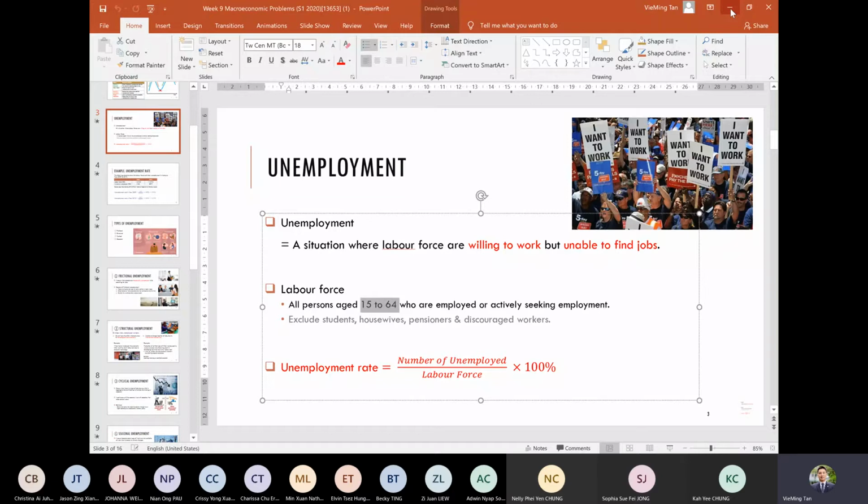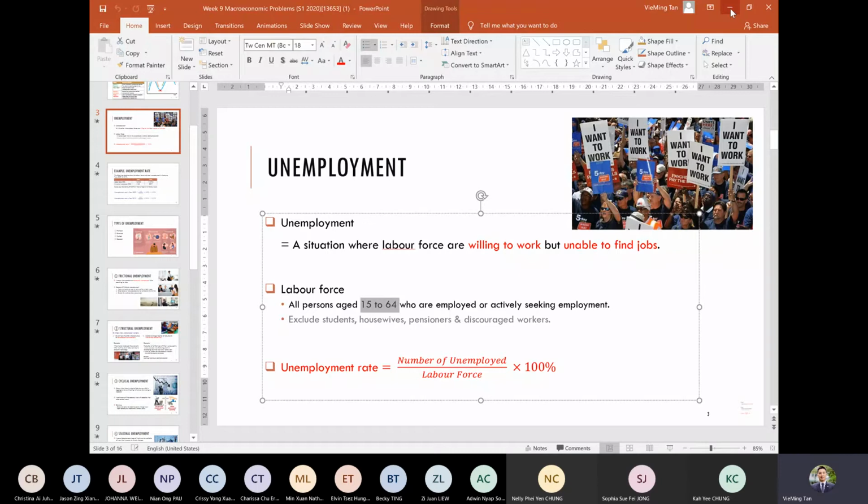Actually, the labor force includes the employed people and also the unemployed who are looking for a job and between 15 to 64 years old. So B is not the best answer, because B only includes the employed people. How about the unemployed who are within 15 to 64 years old and actively looking for a job? They are also considered as labor force. So B is not the best answer.